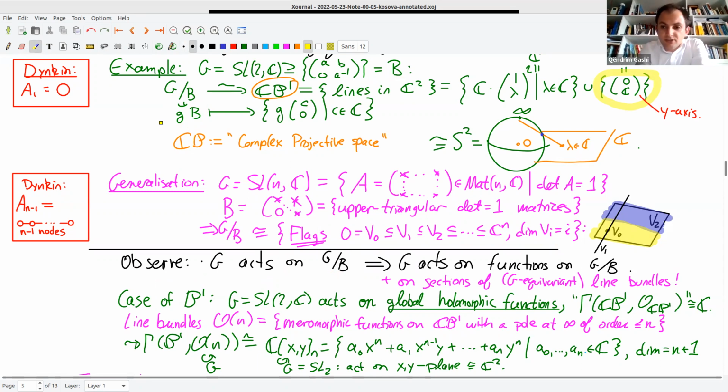Are there any restrictions on these vector spaces? Yes, these V's can be any vector spaces, but the dimension has to be i for each V_i. So you have to have one vector space of dimension 0, one of dimension 1, one of dimension 2, etc. And the 0-dimensional is only one choice for it. It's the origin, because vector spaces always contain the origin.